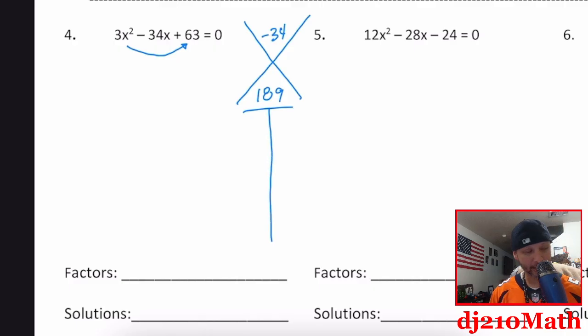Okay. I got to come up with two numbers that multiply to make 189. Okay, normally I start with 1, but 1's not going to work. Right, I know 1's not going to work.